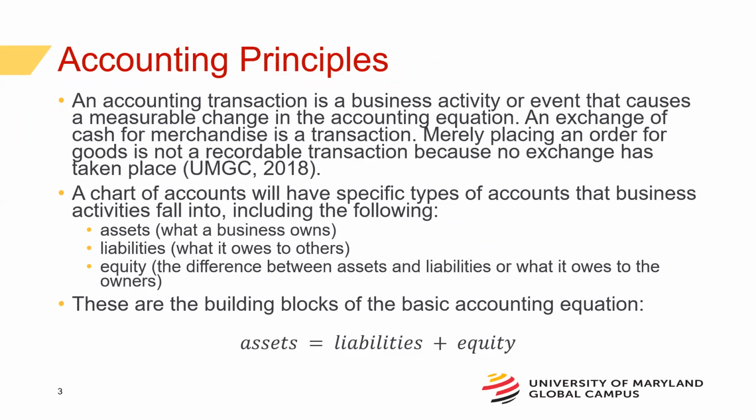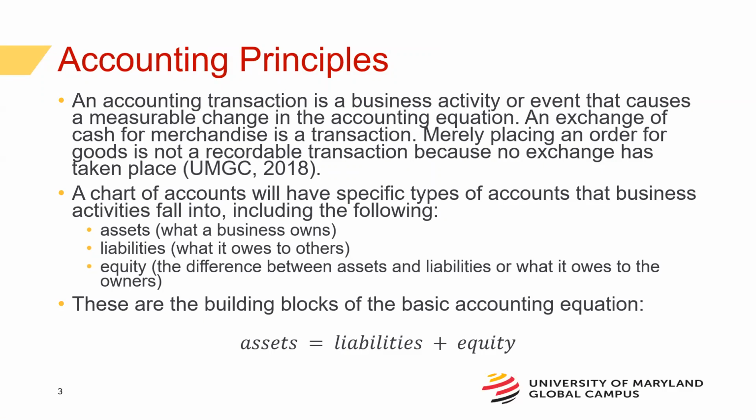We have this other thing called liabilities. This is what we owe, what the business owes to other people. In business, we might owe a mortgage. We might owe rent. We might owe taxes.